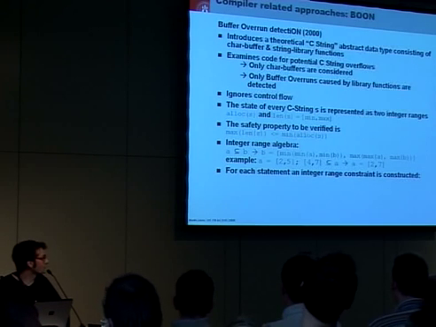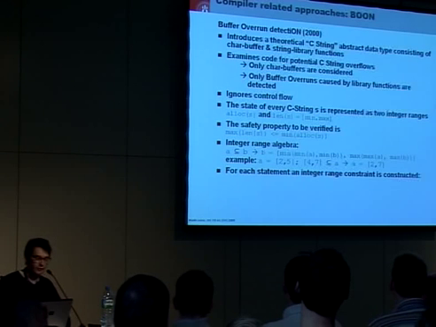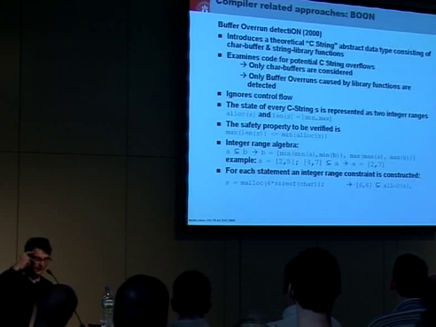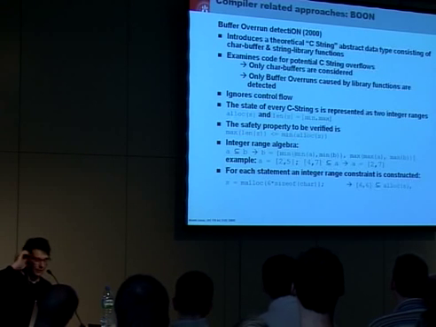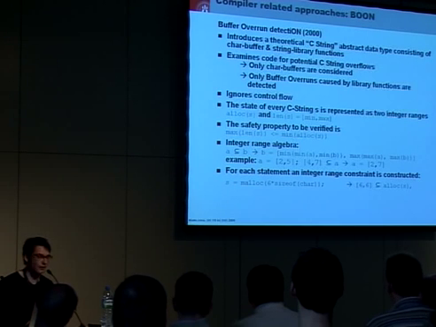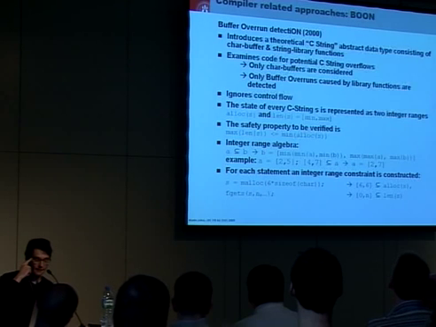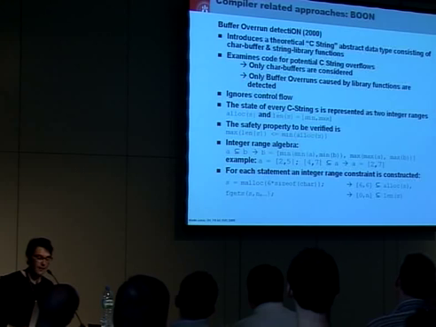So for every statement in our program code that works on the C-strings, Boon constructs an integer range constraint. For example, if we have a C-string S and we allocate 6 bytes of memory for this, we have the constraint that the integer range alloc of S should at least contain the integer range 6 to 6. If we read into this buffer with fgets, fgets reads from 0 to a maximum number of bytes, in this case n.